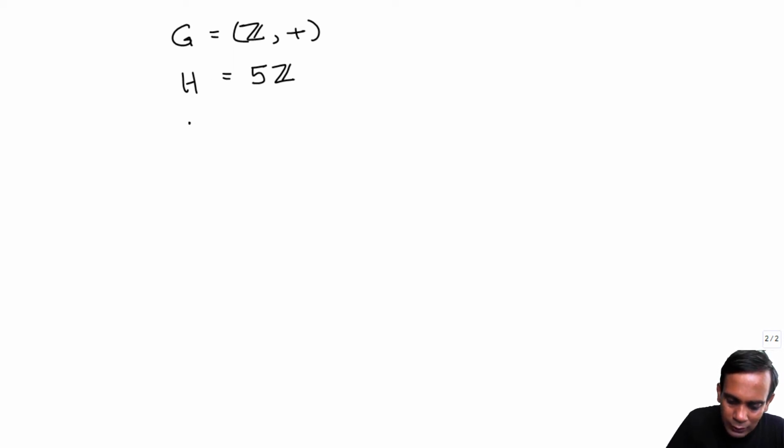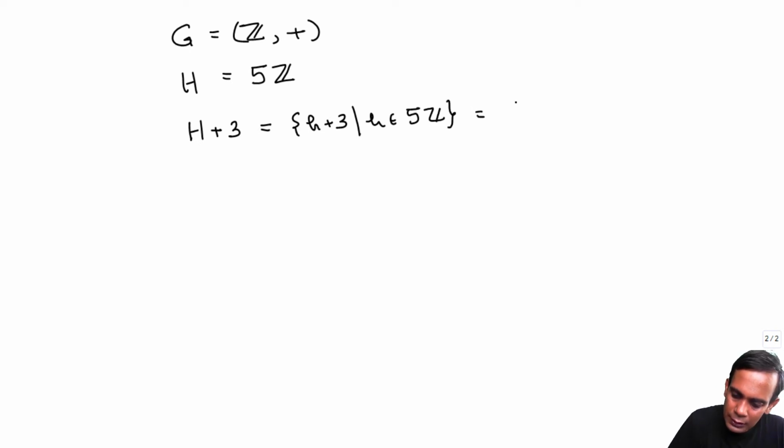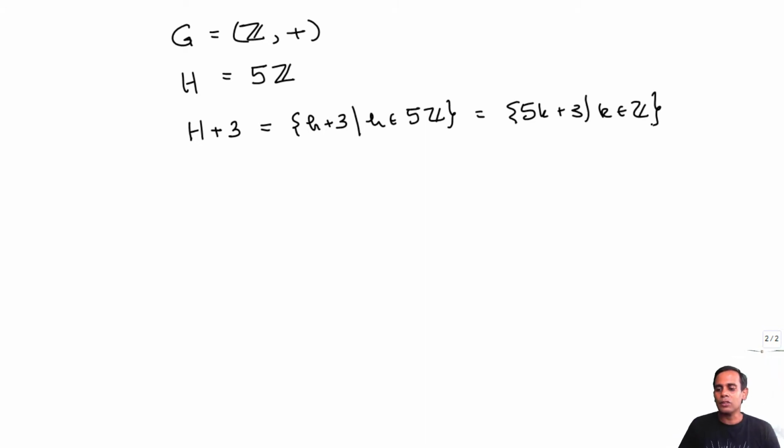I want to write the coset H times 3, but since the group structure here is given by addition, I'll write H plus 3. This is equal to h plus 3, where h belongs to 5Z. This is also the same as 5k plus 3, where k is in Z. So this is just the set of all integers which leave a remainder 3 when divided by 5.